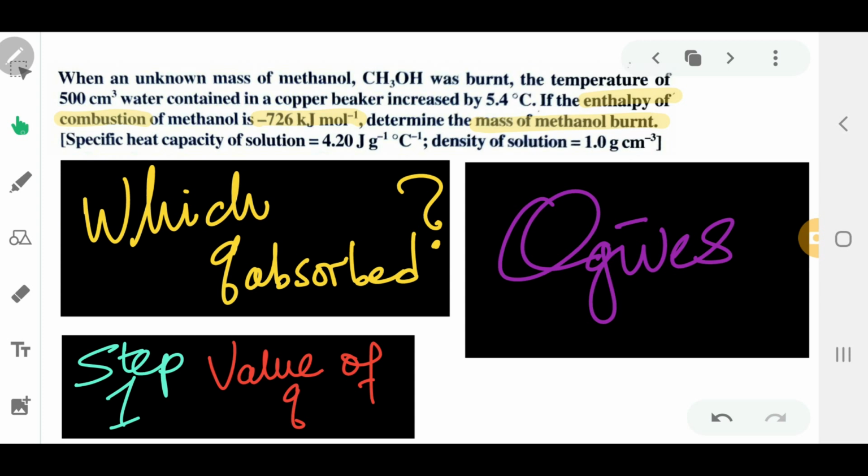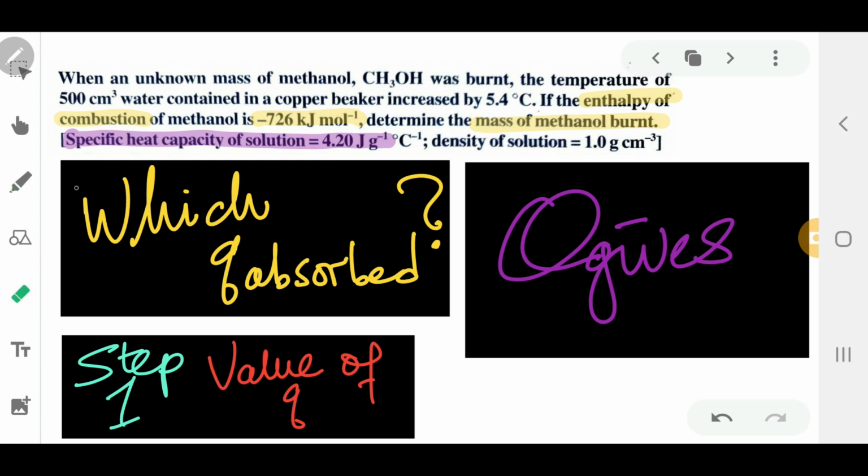In this case, we need to think about which Q absorbed equation we need to use. When you read the question carefully and thoroughly, the question only gives you the specific heat capacity of solution. You do not have heat capacity.